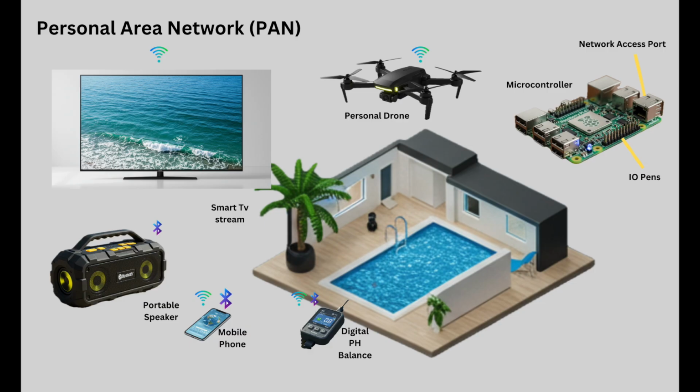The first network that I want to talk about is the PAN, or the Personal Area Network. This can be used to share data between personal computers, mobile devices, and wearable technology, or even drones or small devices. And this is what a lot of people use for the Internet of Things.